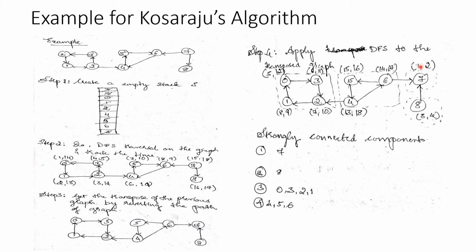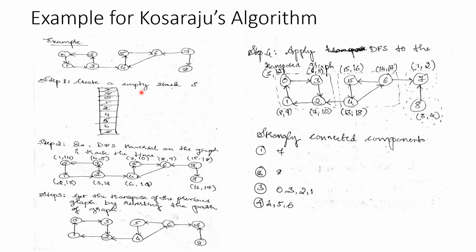There are no adjacent edges to be visited from 7. So I conclude my visiting at 7 here and take this as a strongly connected component, because there are no other edges to be visited from this 7. So 7 is an individual strongly connected component.